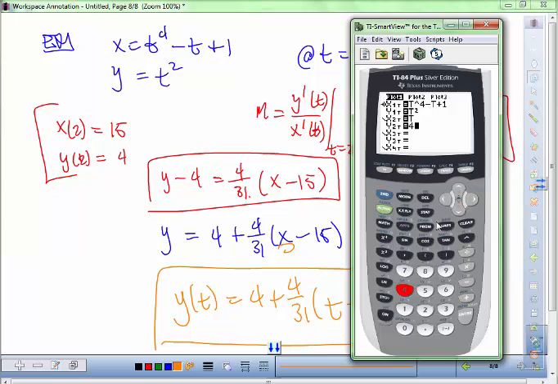So it's 4 plus 4 over 31 times t minus 15.